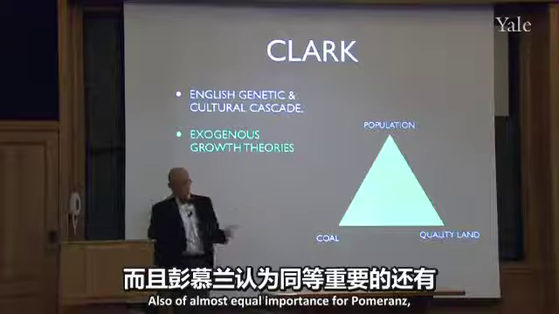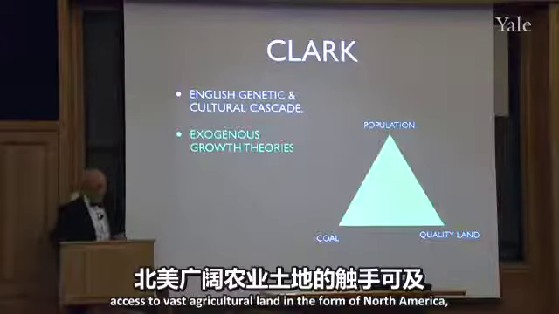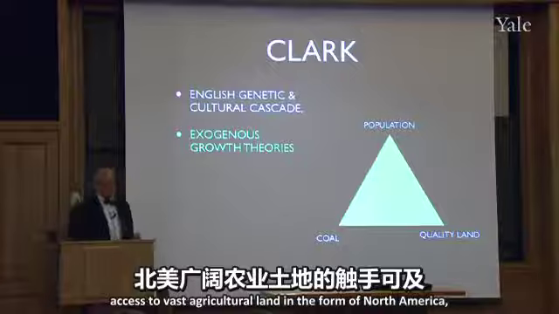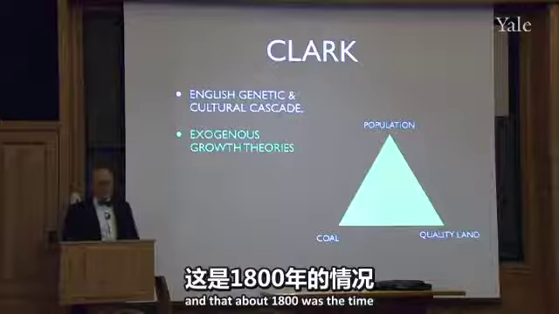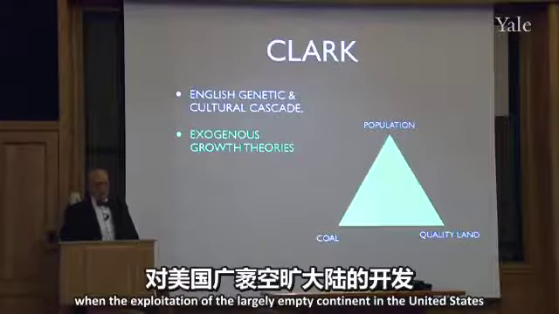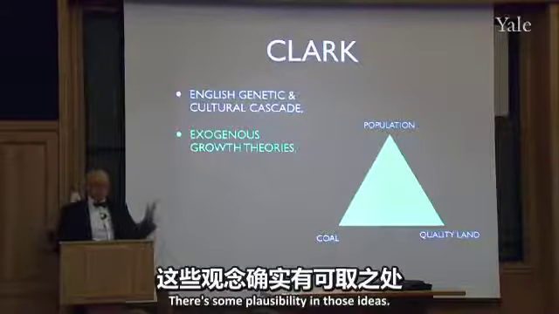And also, of almost equal importance for Pomerantz, access to vast agricultural land in the form of North America. About 1800 was the time when the exploitation of the largely empty continent in the United States was feeding resources into Western Europe. And there's some plausibility in those ideas.